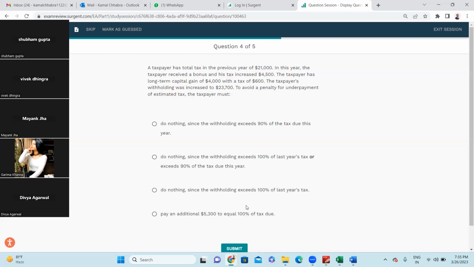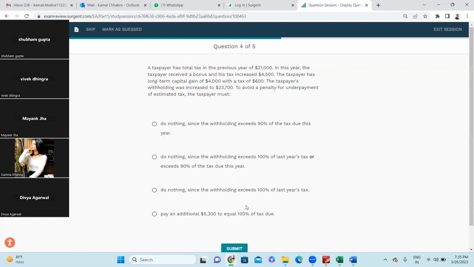To avoid penalty for underpayment of estimated tax, the taxpayer must do what? Do nothing since the withholding exceeds 90% of the tax due. Do nothing since the withholding exceeds 100% of the last year's tax or exceeds 90% of the tax due this year. Do nothing since withholding tax exceeds 100% of the last year and pay additional.